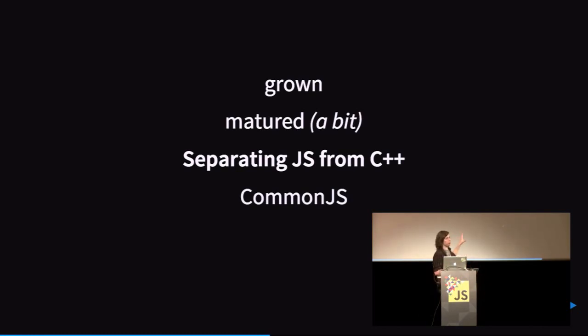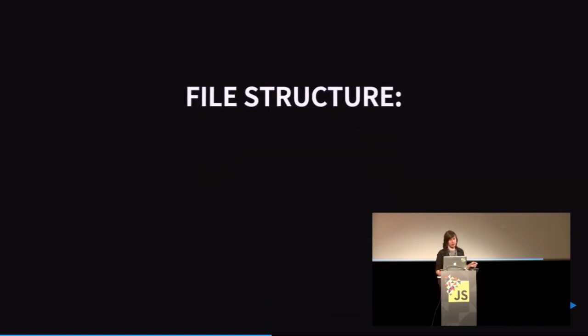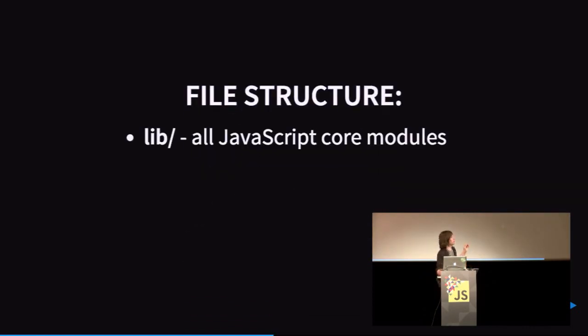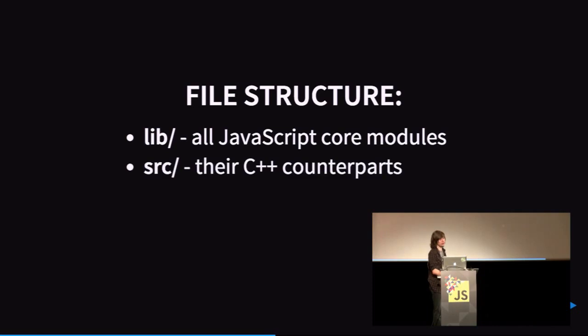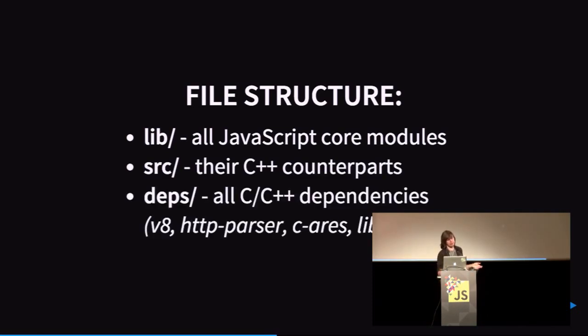Now, Node.js is using CommonJS for both userland modules and for internal modules, core modules. And we have introduced tons of new core modules in this version. The file structure is the following. We now separated stuff in the lib folder for all JavaScript core modules and the src folder for their C++ counterparts. Just in case, dependencies live in the deps folder.